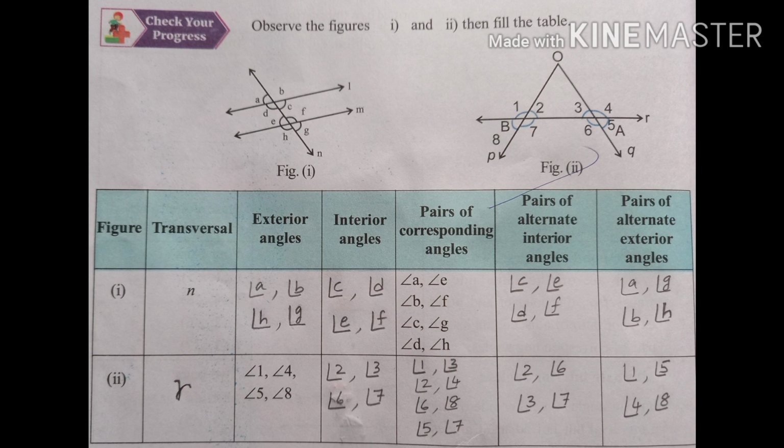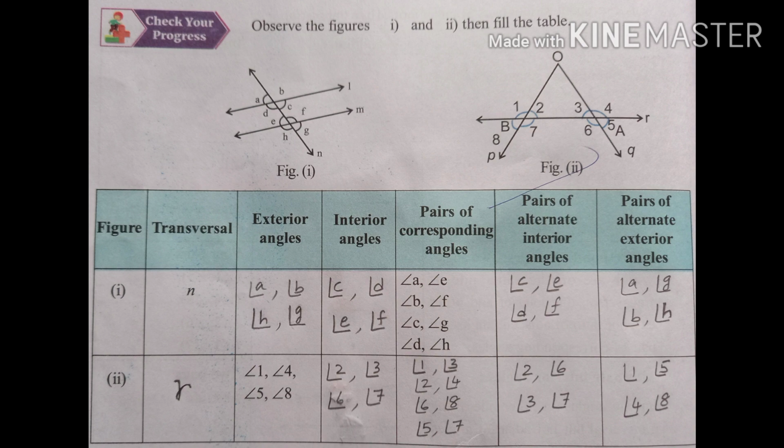Next one, pair of alternate interior angles. Alternate interior angles. So, interior, alternate means either side of the transversal. Interior means inside of the lines L and M. What are the angles on either side of the transversal which lie in the interior?